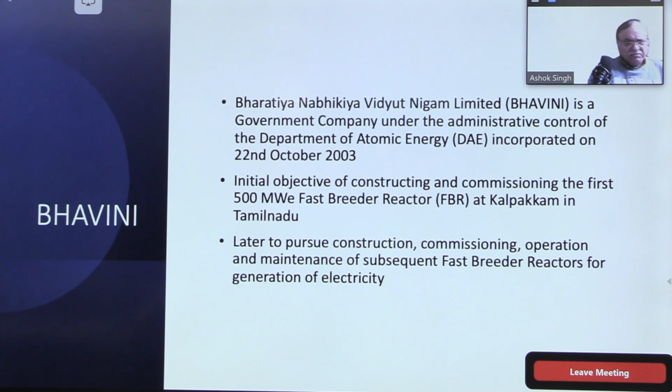And what is the idea behind Bhavini? Its original objective was to construct and commission the first 500 megawatt fast breeder reactor at Kalpakkam in Tamil Nadu. This is the original goal.